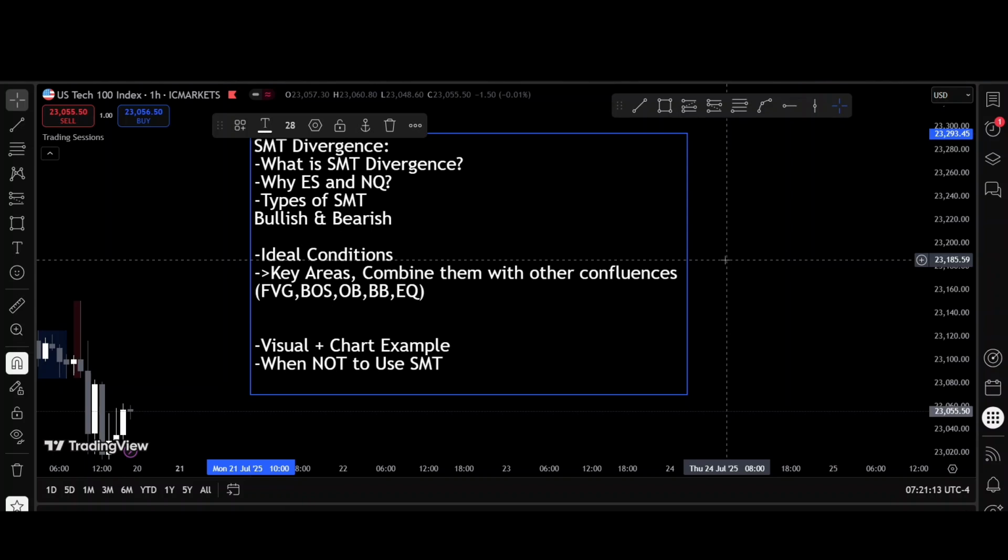You can use all of these together to get a better and safer entry, which has a higher probability win rate to hit your TP. You want to be combining all of these together.